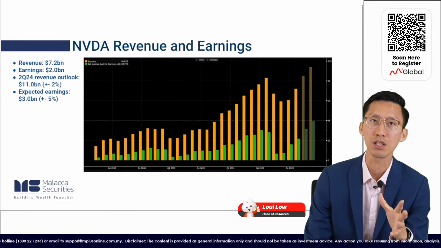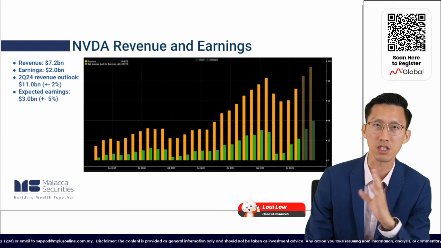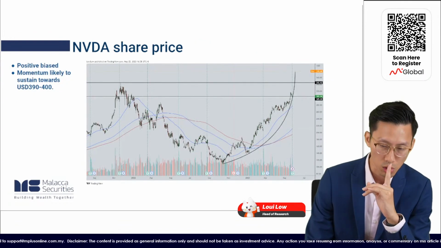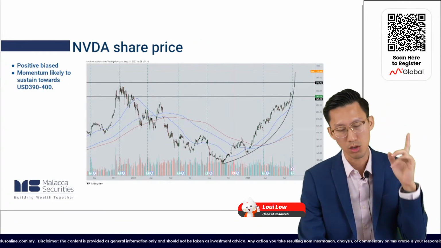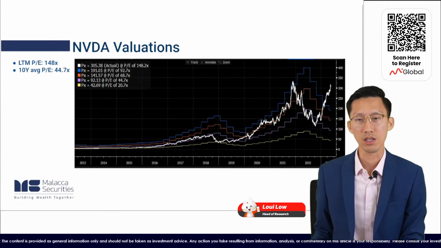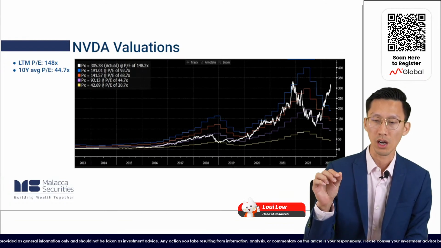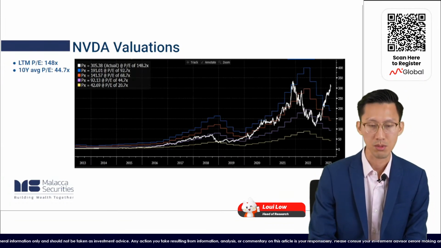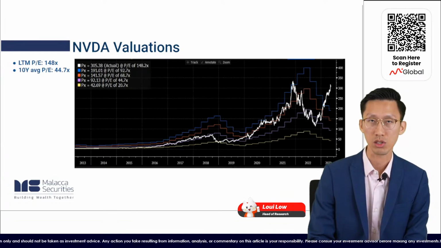Then it may be just about right. But I will talk to you about the crypto craze later on. Just keep the crypto craze in mind first. So valuation wise, it is likely to be very expensive, because 148 times compares to 44.7 times as the long-term average.